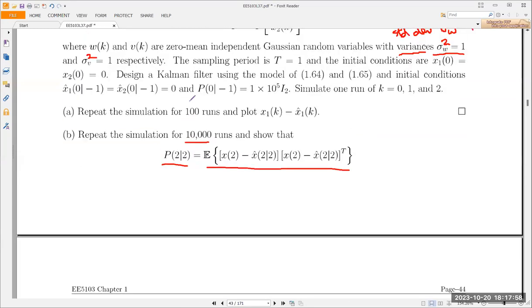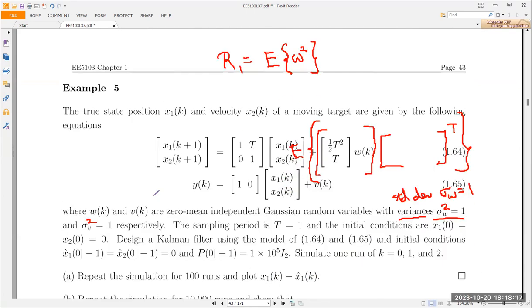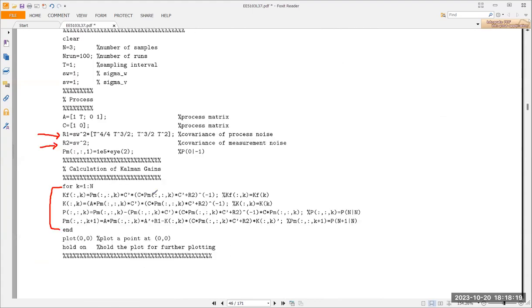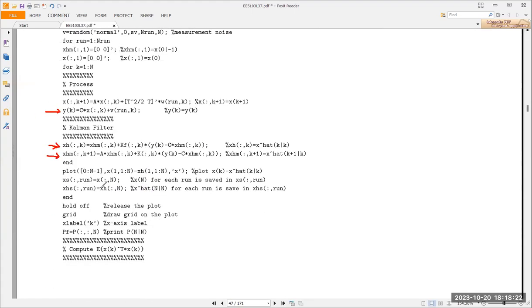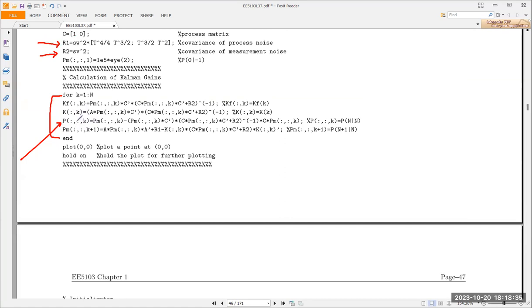It is this one here, P22. MATLAB will give you one value, because when you use your MATLAB program, there's a P there. So you pick out the P22 and see what that value is. This P value will have a number.